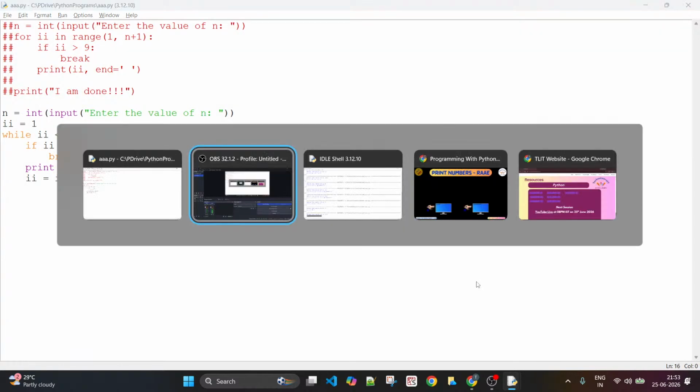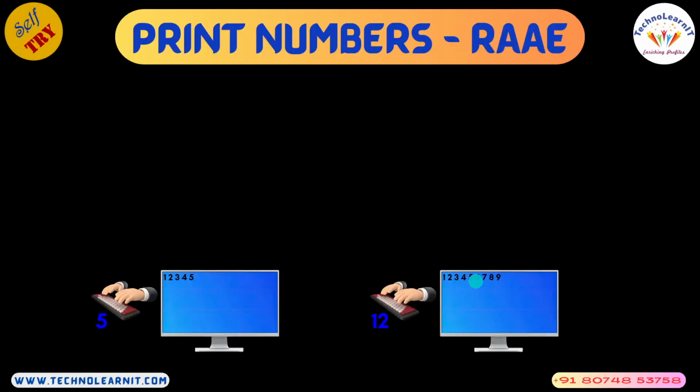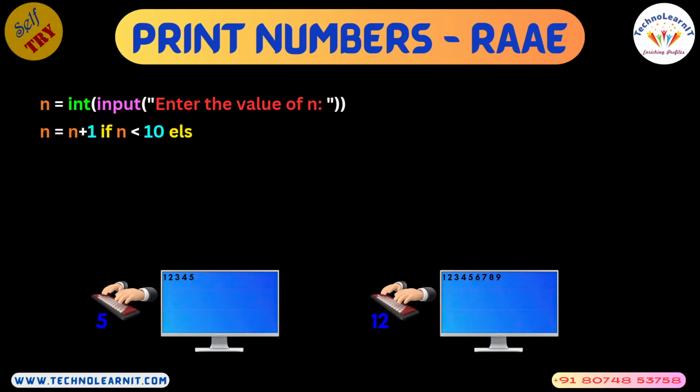All right. With all that said, let us move on to the same piece of coding that I have just shown you. So you read the value of n and you adjust the value of n if required. If n is less than 10, just make n as n plus 1.